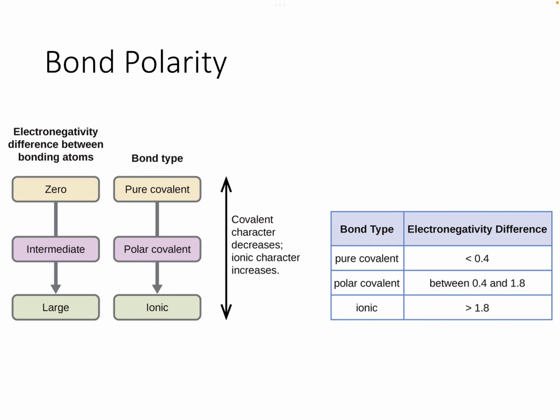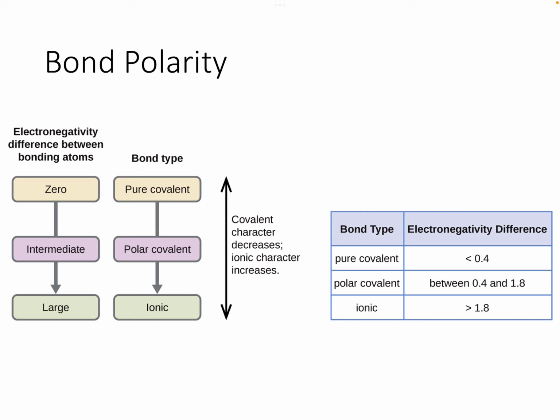All right, so let's look at a table of bond polarity and the electronegativity difference we would expect. So if we're trying to figure out if a bond is polar or nonpolar, we're going to take the difference in electronegativity values between the atoms in the bond.